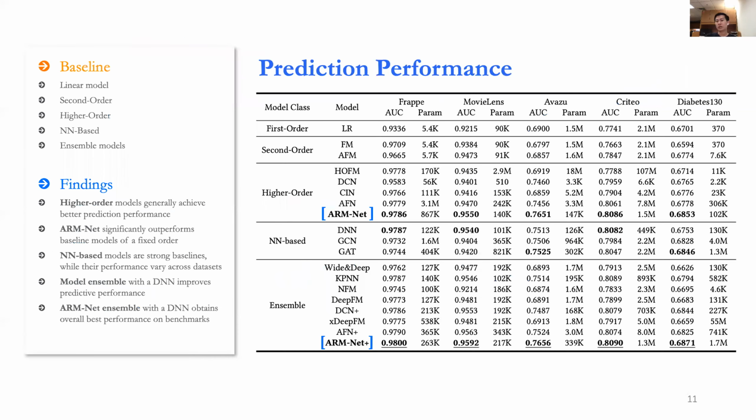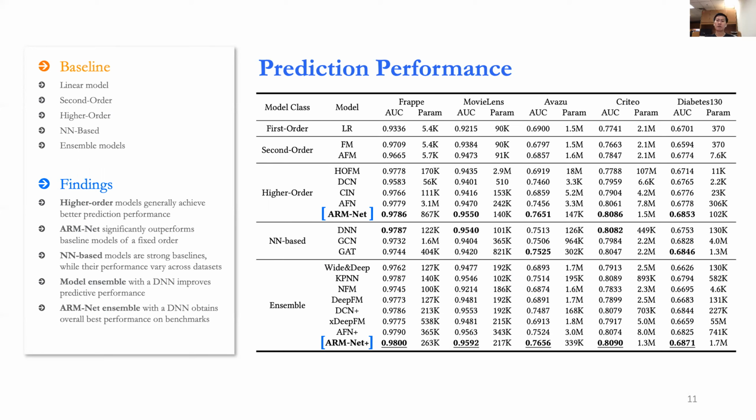So we evaluate AMNet in several real-world applications, including app recommendation, movie recommendation, click-through rate prediction, and healthcare analytics. The baseline models include 5 categories of models, namely the linear model, second and higher order cross-feature modeling models, neural network-based models, including vanilla neural networks, and also graph neural networks.